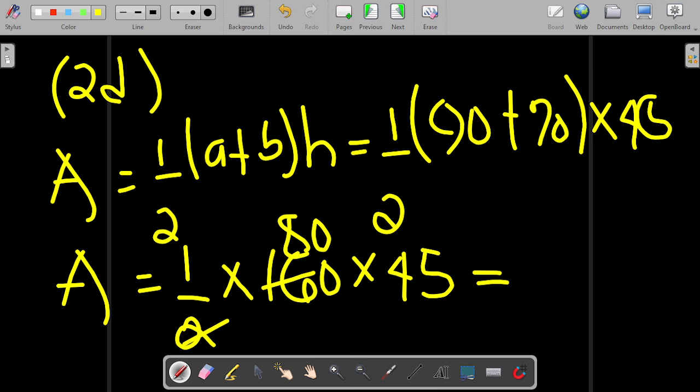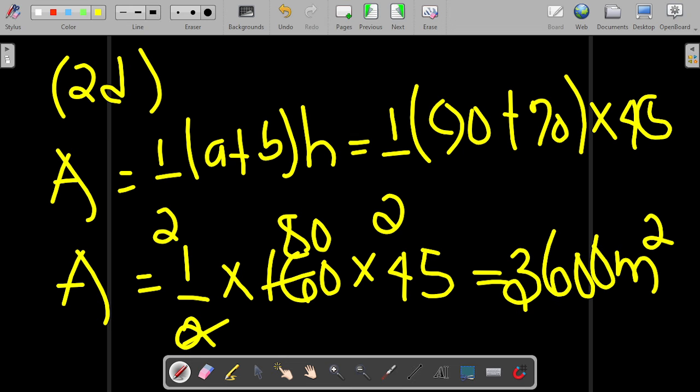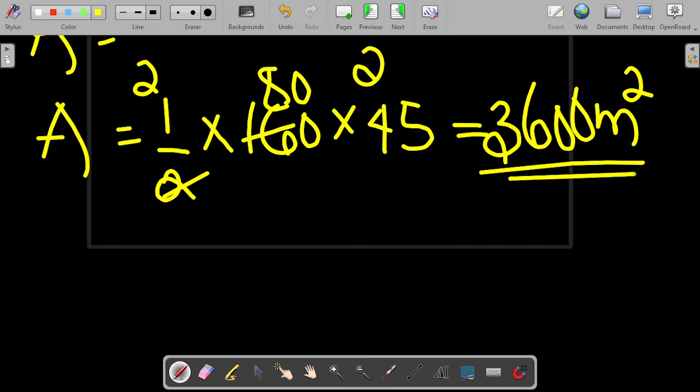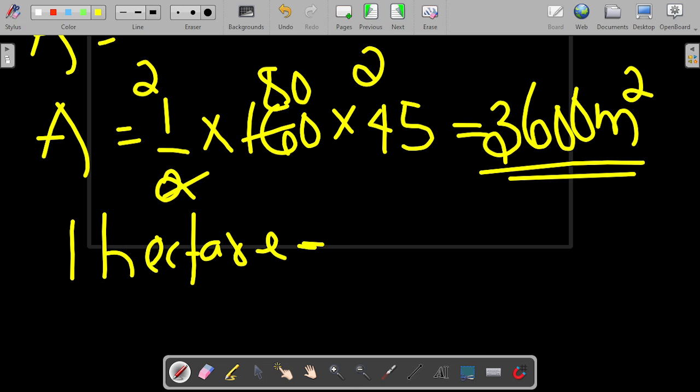80 times 45 gives us 3,600 meters square. That's the area. And we know that one hectare is equal to 10,000 meters square.